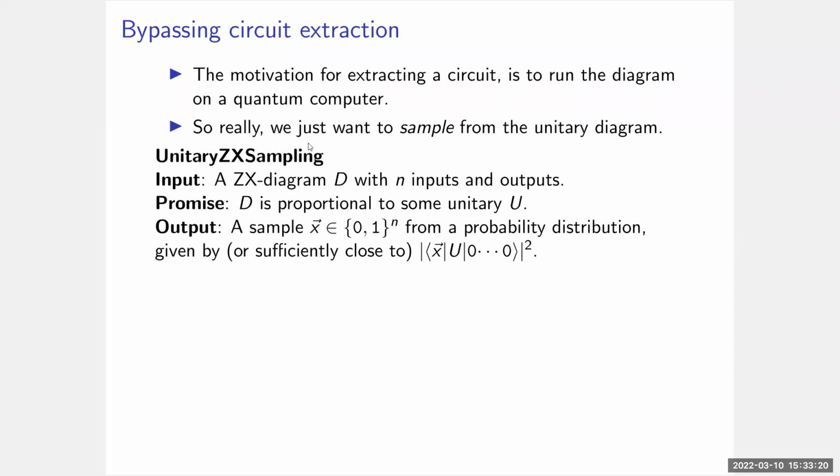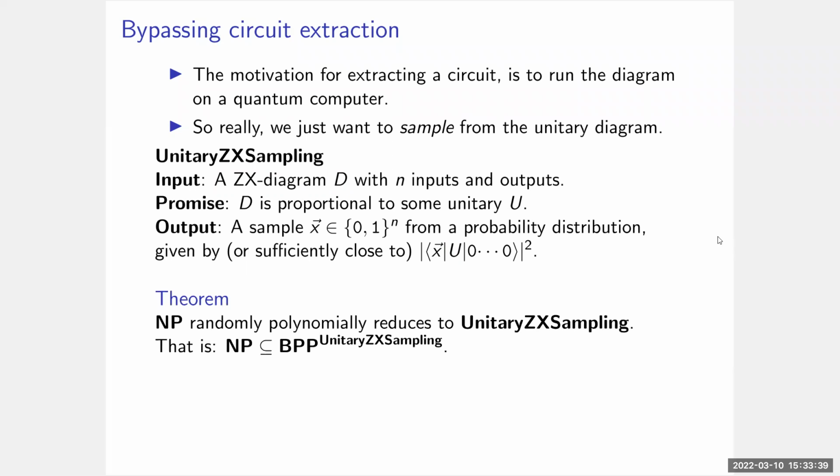Now, obviously, this problem is at least as hard as BQP, as just sampling from a quantum computation, because for a ZX diagram, we could just input a regular quantum circuit, and this would allow us to sample from the quantum circuit. So this is just doing weak quantum simulation at least. But in fact, we show it can do probably more than that.